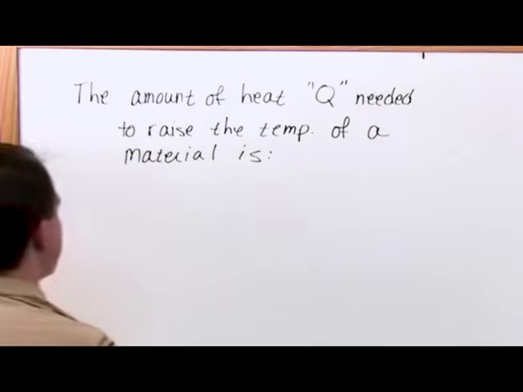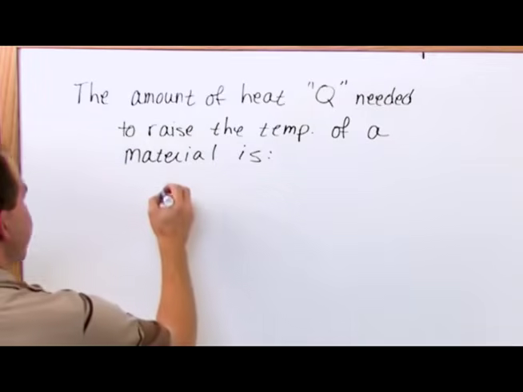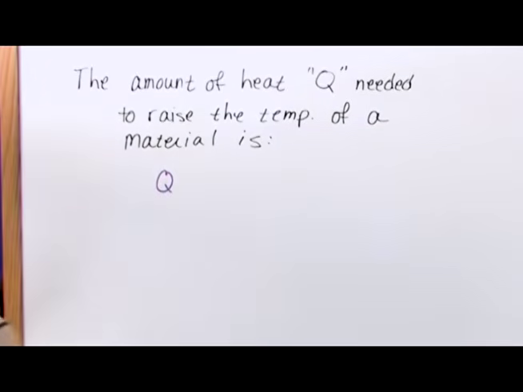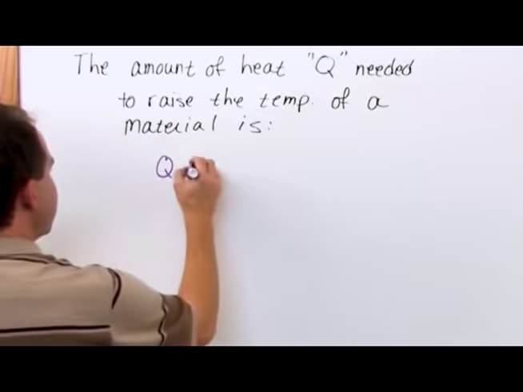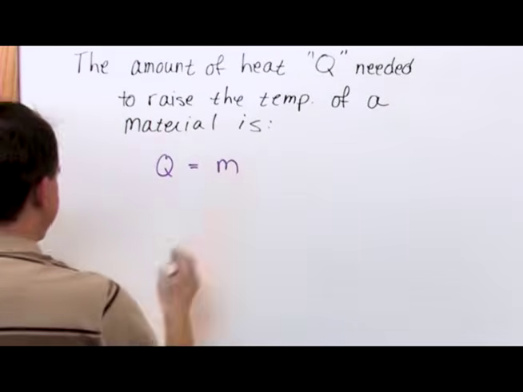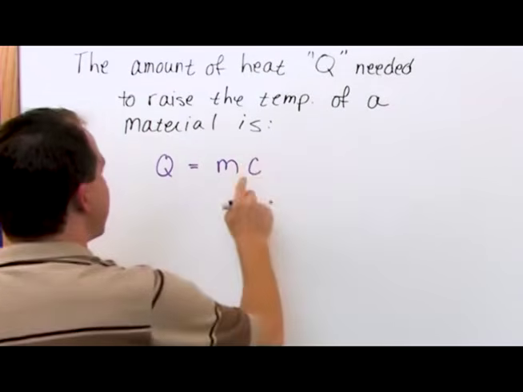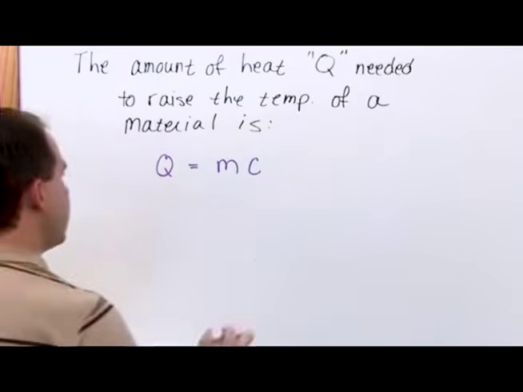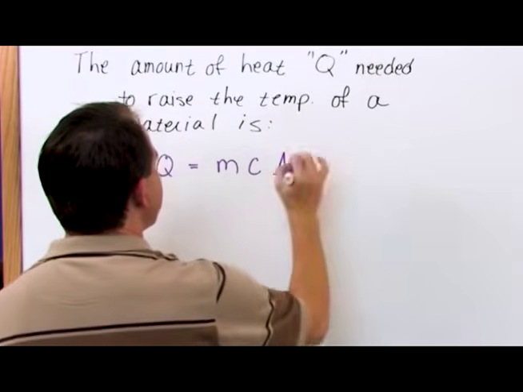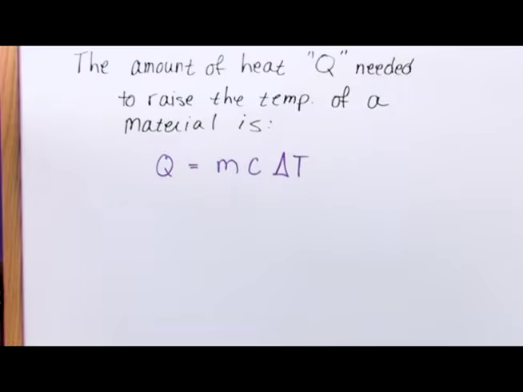What do you think this equation is going to be? Let's just write it down. The heat required to raise the temperature, Q, is going to be equal to the mass of the substance times a constant we're going to talk about in a minute called specific heat times the change in temperature that you're trying to pull off here, okay?